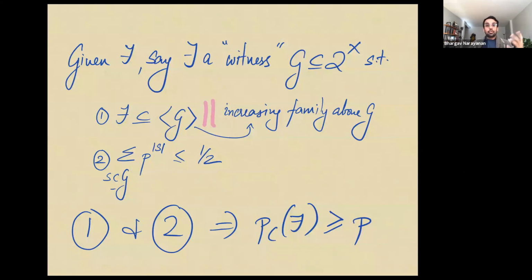So suppose F, as before, is my increasing family. Here's a way of proving a lower bound on the threshold that is morally just a first moment calculation.